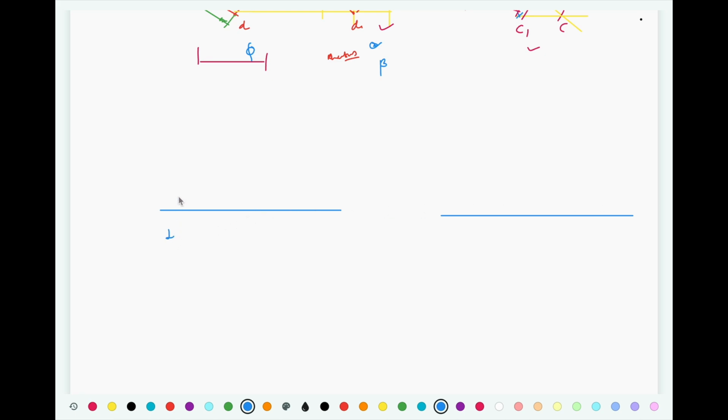If this is step number 1, step number 2, step number 3, step number 4, step number 5, step number 6, or sometimes your solution may start from the front view. So step number 2, step number 3, step number 4, step number 5 and step number 6. So always this solution is going to proceed in a zigzag way. So here onwards you need to check one additional thing.